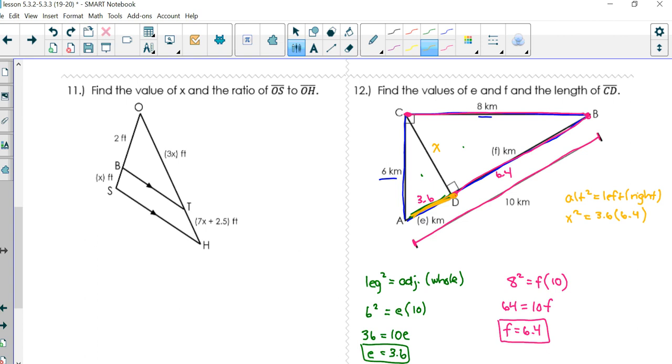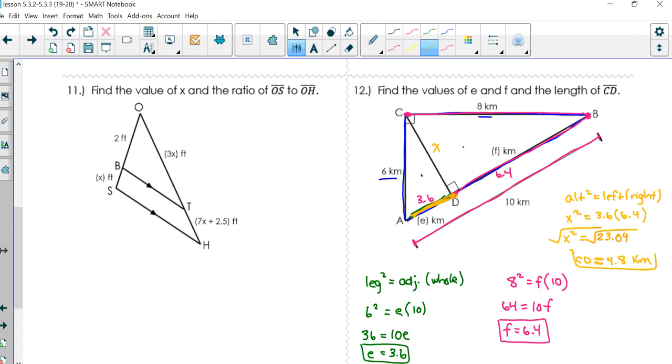If I do 3.6 times 6.4, I get that x squared equals 23.04. I take the square root of that, and segment CD is 4.8 kilometers, and it's exact.